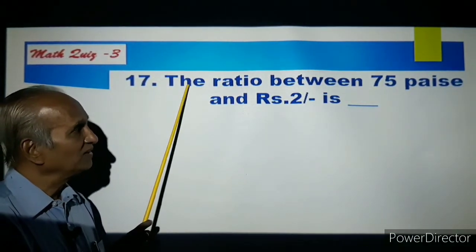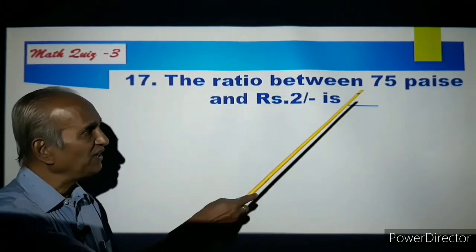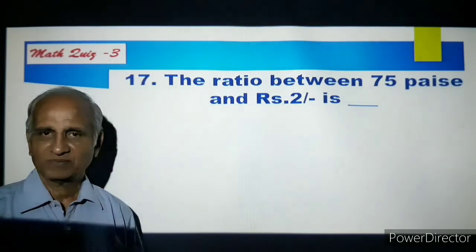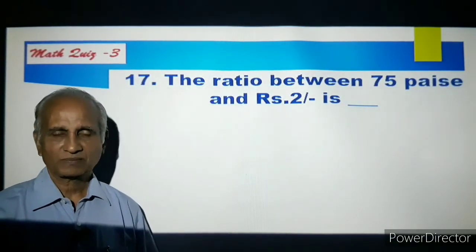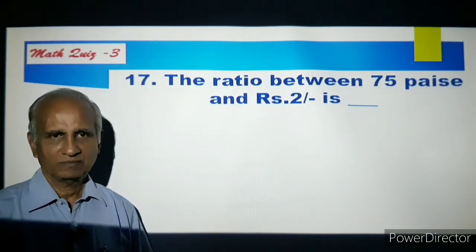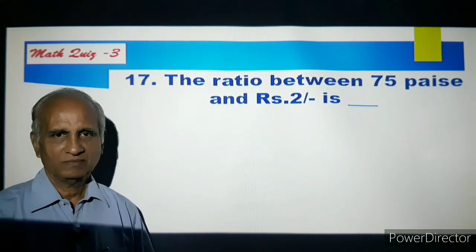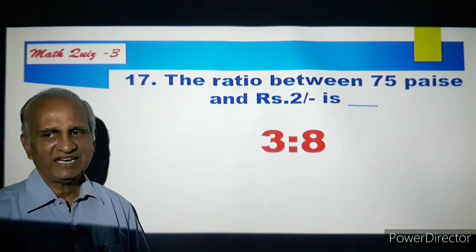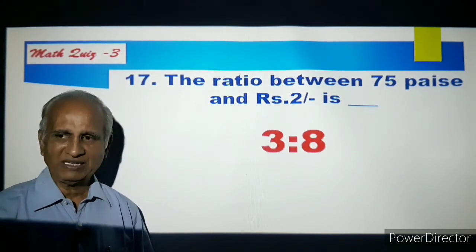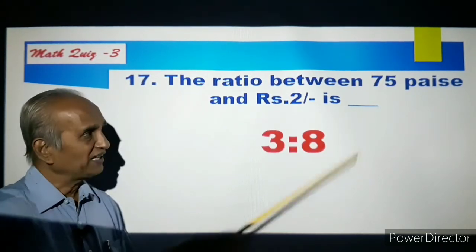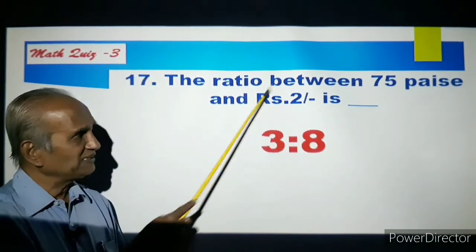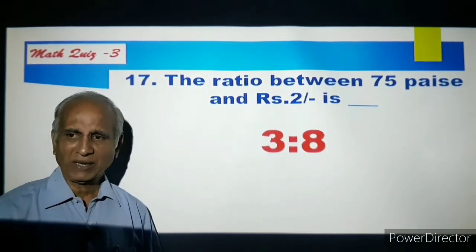17th question. The ratio between 75 paise and rupees 2 is. If you want to find out the ratio, first of all you have to bring them to the same measure. One cannot be in paise, the other one in rupees. Convert rupees into paise. It's 200 paise.